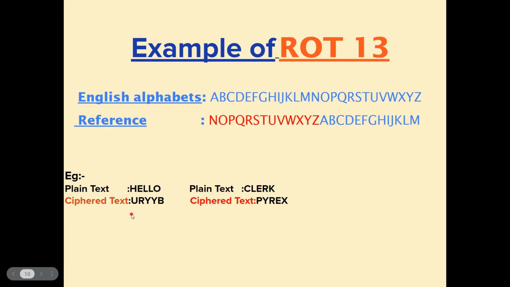Now what we get is YR, UR, double Y, B. Now this is a gibberish thing because this doesn't make any sense. Hello does make sense. We are saying hello to each other, hello to someone, but this thing doesn't make sense.